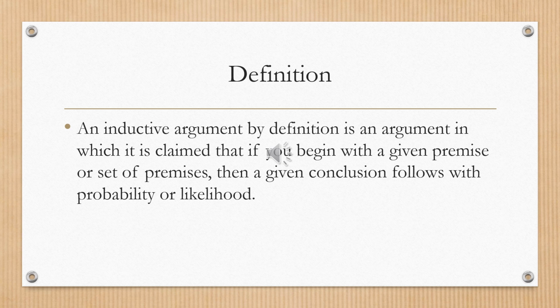And all of the various types of inductive arguments we looked at, predictions, historical claims, causal reasoning, analogies, arguments from authority, and so on, all have that feature where they present a certain piece of information or a certain set of premises from which then they conclude that a given conclusion is likely to be the case. So induction is about probability.